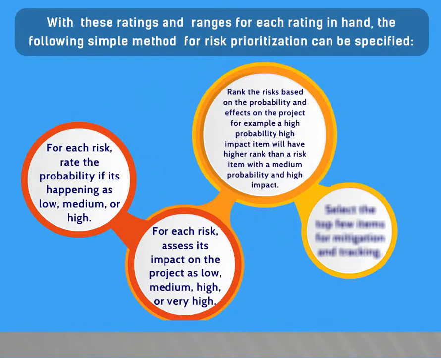Rank the risks based on the probability and effects on the project. For example, a high probability, high impact item will have higher rank than a risk item with a medium probability and high impact. Select the top few items for mitigation and tracking.